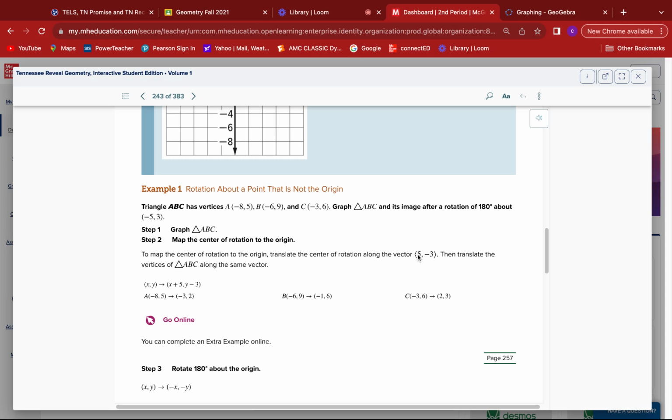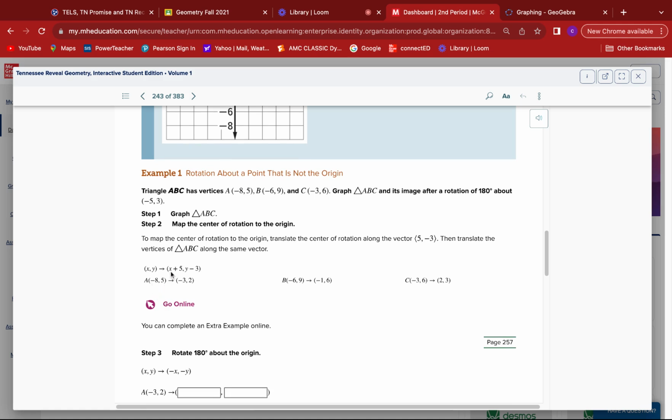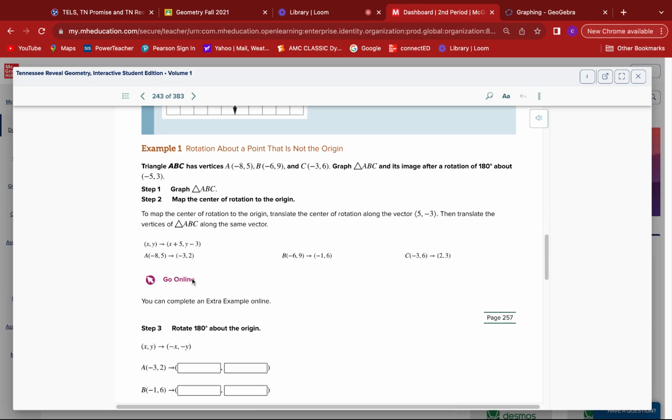Again, because it's a +5 and it's a minus because it's a -3. So this is what they do. They put that -8 right there. -8 plus 5 is -3. They put this y value, 5, in for the y right there, and 5 minus 3 is 2. This is going to be your new A.